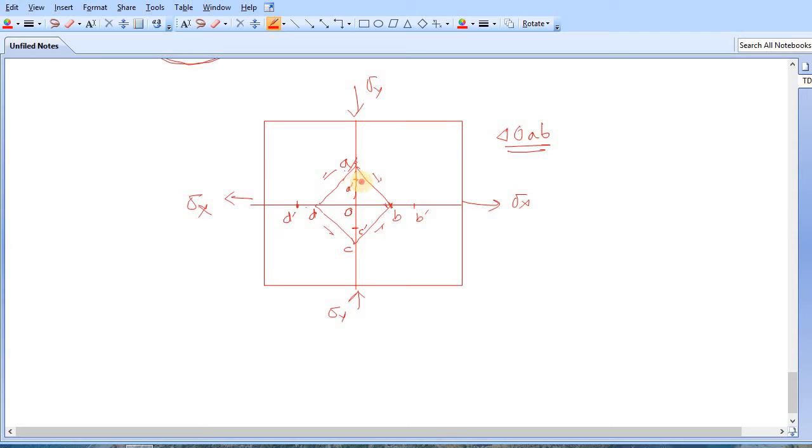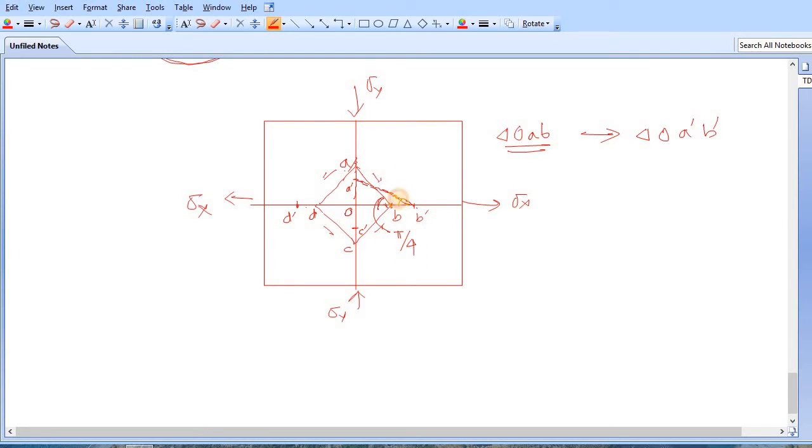Now what is the changed shape? It has changed like this. Okay, this is the changed shape. So the changed triangle is triangle OA dashed B dashed. Clear? So previously this angle was how much? It was your pi by 4.